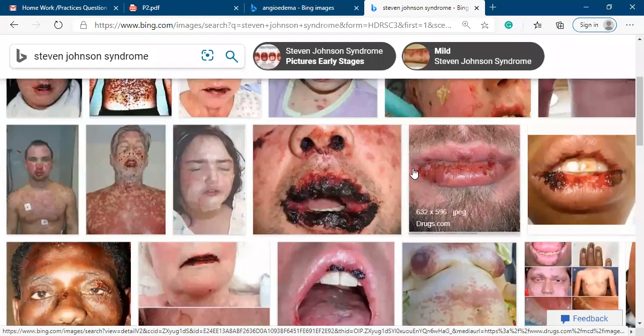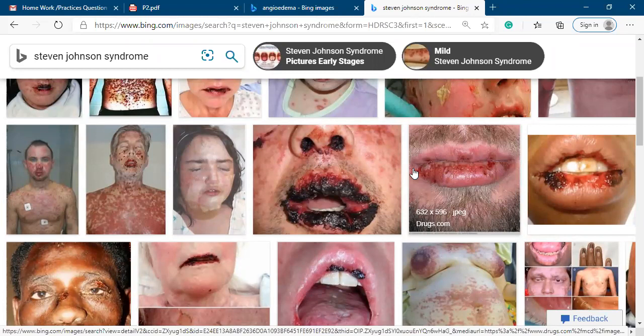So it is caused by this medication, and it is important you know Stevens-Johnson syndrome. Very uncommon, okay, but very serious, a serious disorder of the skin and mucous membrane. It is usually a reaction to a medication or an infection.